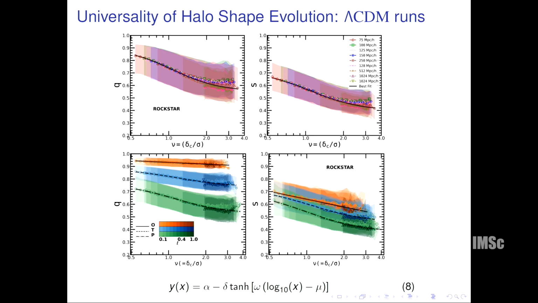The next thing we can see from here is that if I look at a particular mass at a certain redshift and ask what happens to that mass at a later redshift, the new value will decrease with increasing redshift for fixed mass, so it will go in this direction. The shape becomes more round at fixed mass. So that's something one can infer from here.